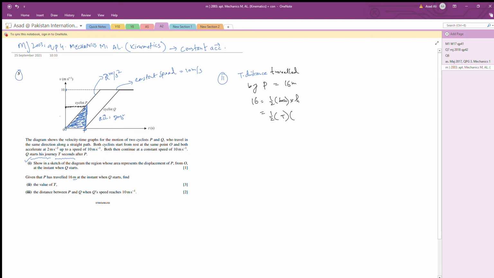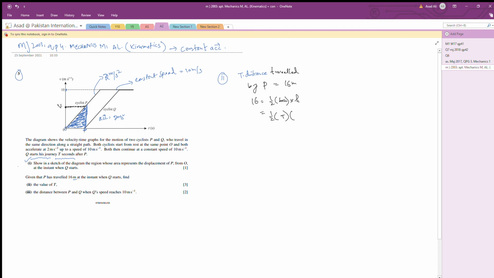Look here. They have given, basically this is V. Let's say it's V here.